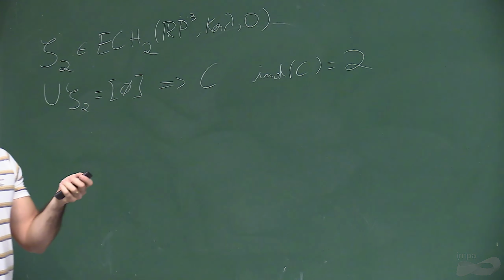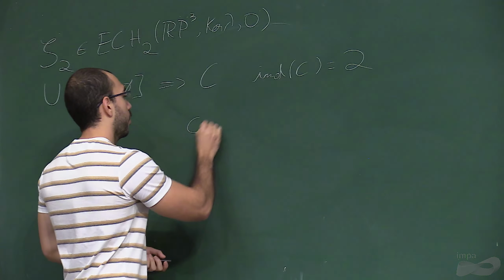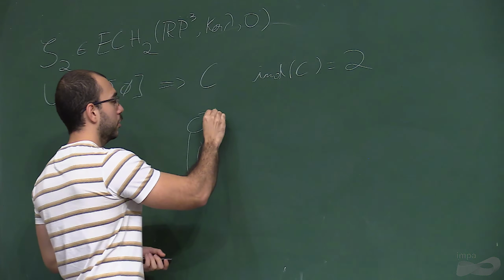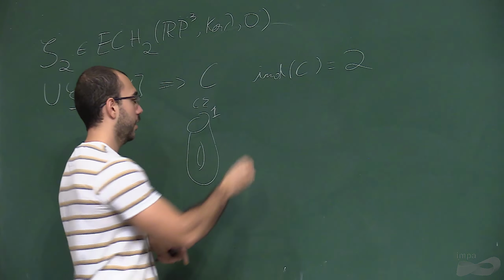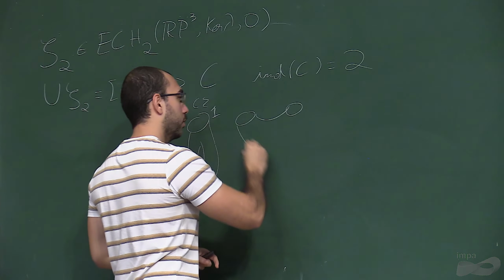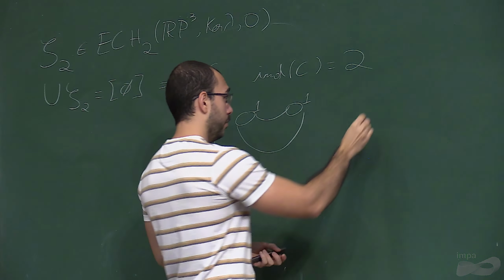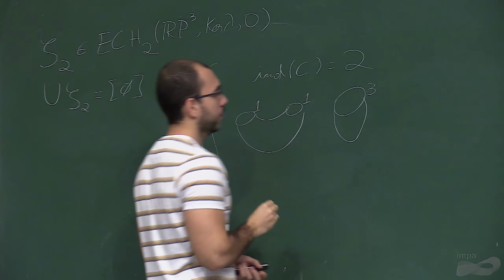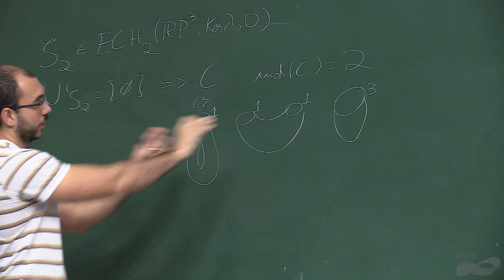Under the hypothesis of the contact form being linearly positive, you can conclude that C must be of this type: a torus with one puncture at an orbit of Conley-Zehnder index 1, or a cylinder with two positive punctures with Conley-Zehnder indices 1 and 1, or a plane with one puncture at a Conley-Zehnder index 3 orbit in the positive end. So C must be one of those.